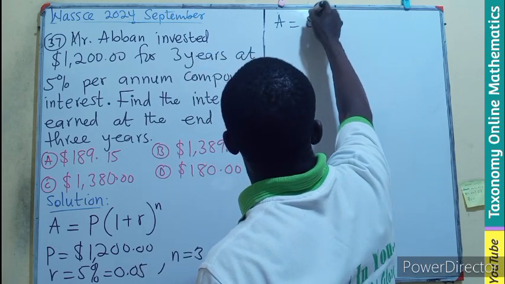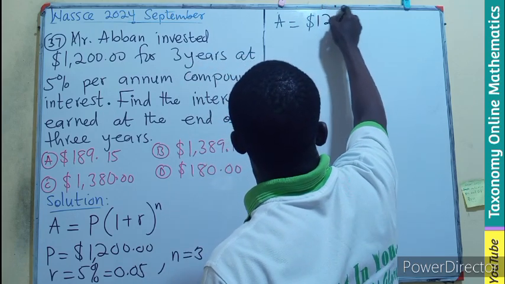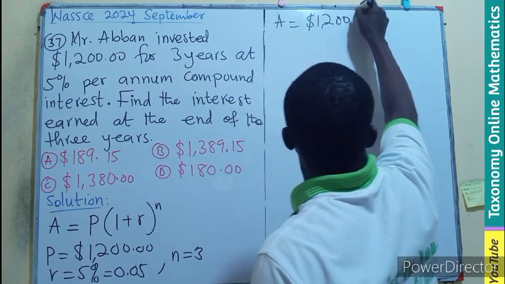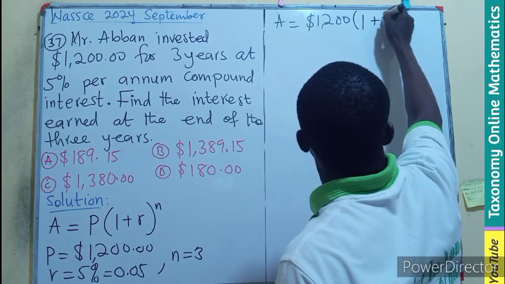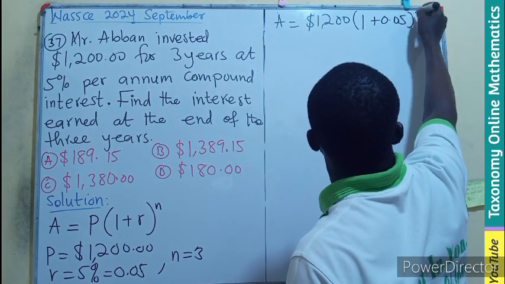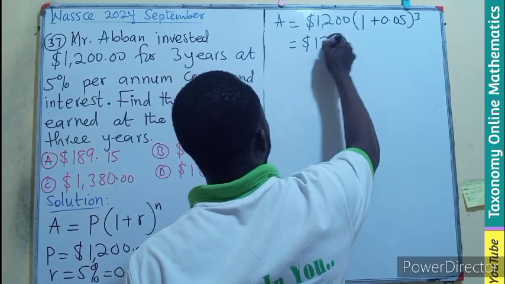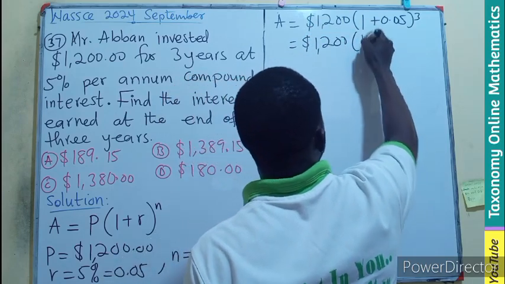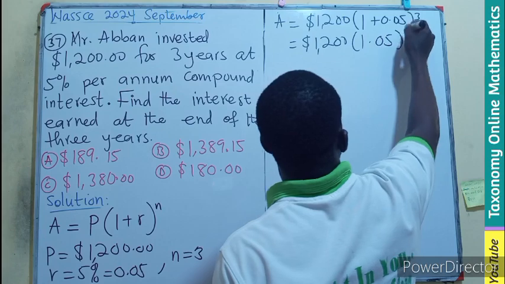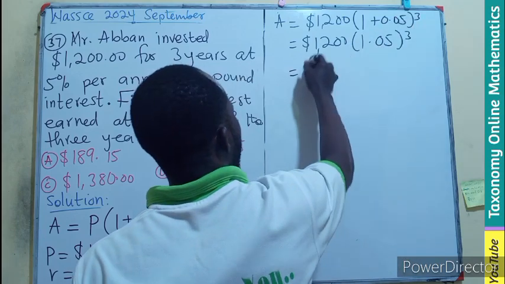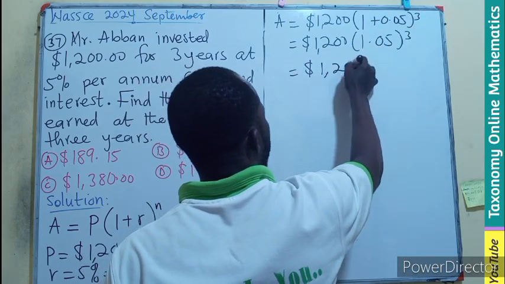Principal, let's bring the dollar sign, 1,200 times 1 plus 0.05 raised to the power 3. So 1,200 times 1.05, all raised to the power 3.